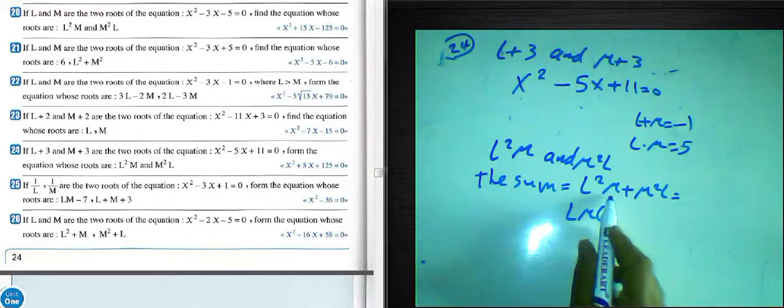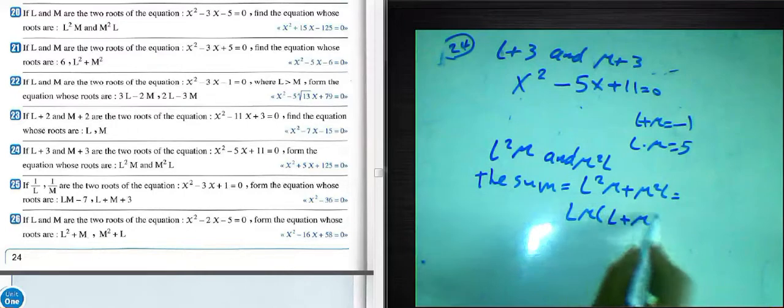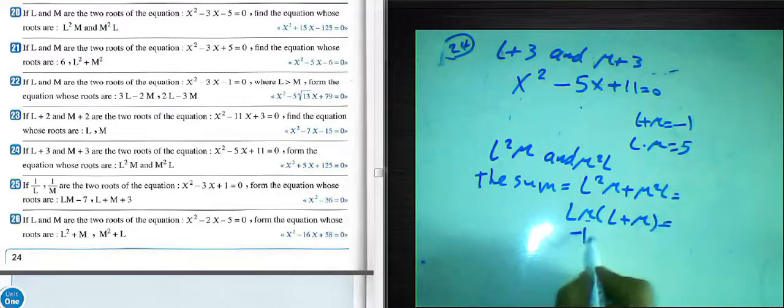The result will be LM times L plus M. We know L multiply M is 5 and L plus M is negative 1, so the result will be negative 5.